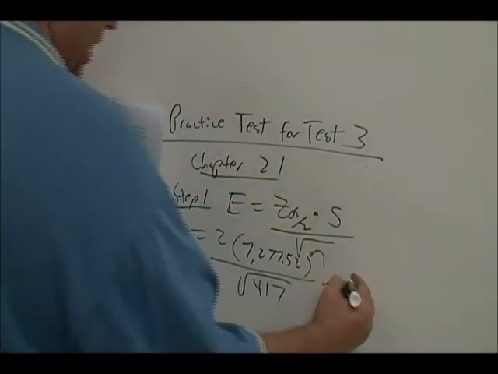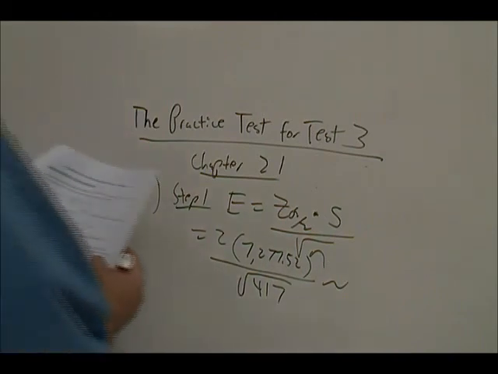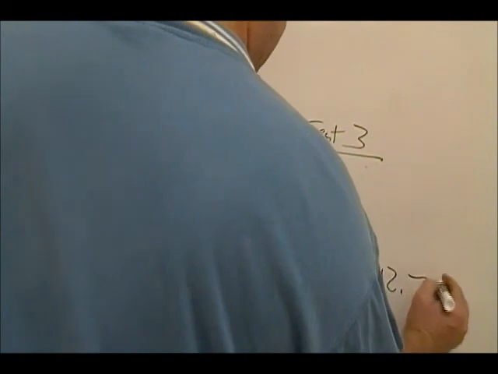If you enter all that into your calculator, the margin of error comes out to be $712.76.